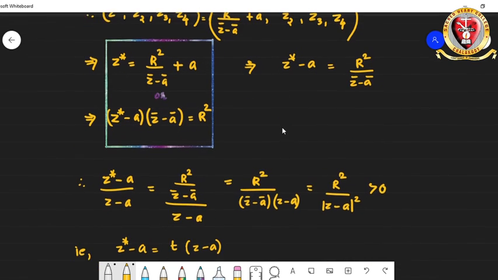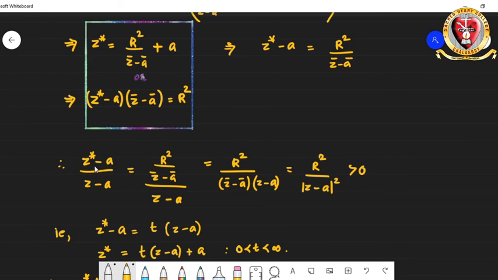Okay. So therefore, now we are considering z star minus a divided by z minus a. Suppose z and z star are symmetric points, we get that z star minus a is equal to r square divided by z bar minus a bar, right? So substitute that here, and then you get r square is equal to this value here and this value here, and that is nothing but a complex number into its conjugate.